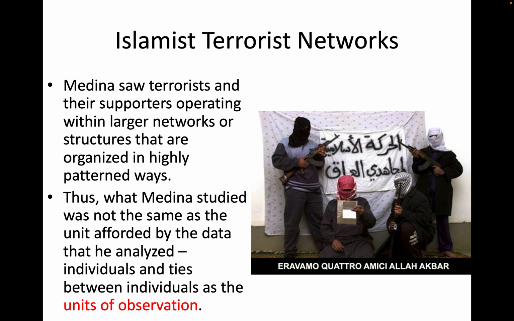Medina saw terrorists and their supporters operating within larger networks or structures that are organized in highly patterned ways. Thus, what Medina studied was not the same as the unit afforded by the data that he analyzed: individuals and ties between individuals as the units of observation.